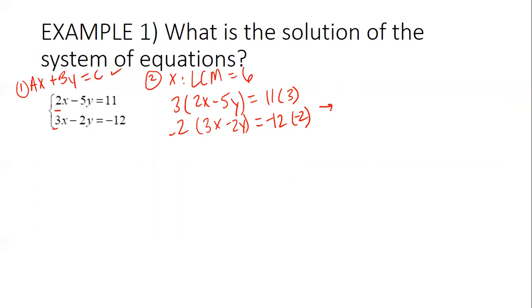So now you perform the operation. I distribute 3, and that leaves me with 6x minus 15y equals 33. I distribute, and that leaves me with negative 6x plus 4y equals 24.